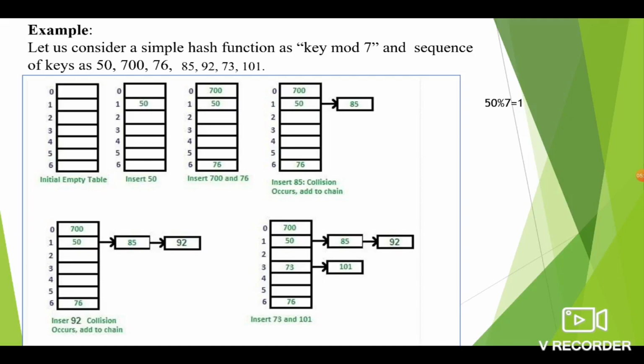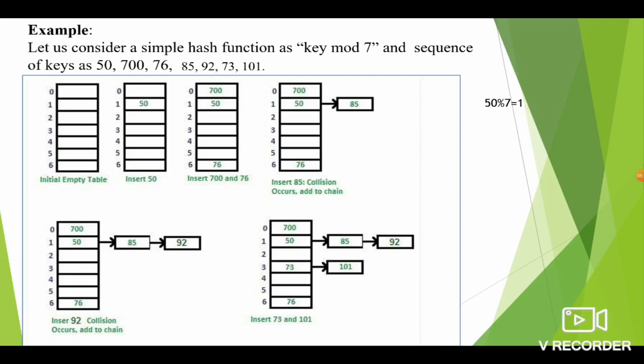Initially the table is empty. First we are inserting the element 50. 50 modulus 7 gives the location 1. So at index 1, the element 50 is inserted. Similarly, the elements 700 and 76 are inserted in the respective places.